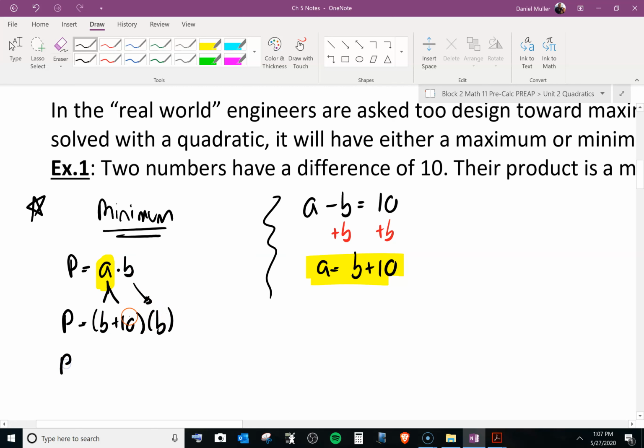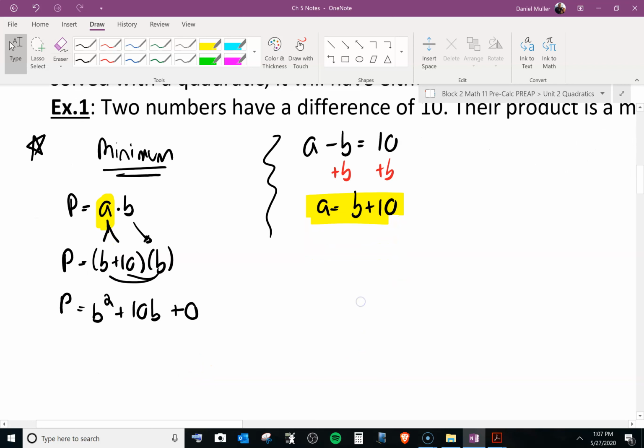We can multiply this B in: B squared plus 10B. Now we don't actually have a number here, so you could write plus 0 if you want. So we're getting into that x squared plus 10x plus something, so we can write down the three things, if you wanted to do that.